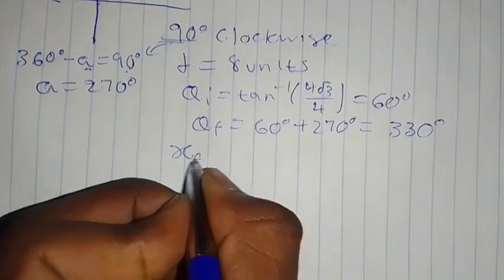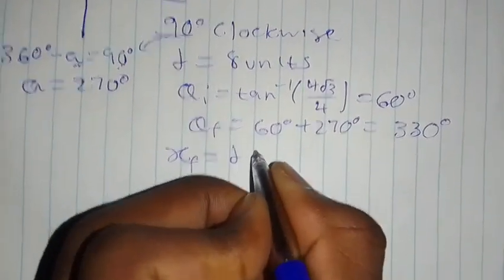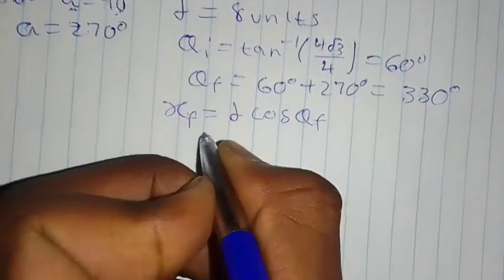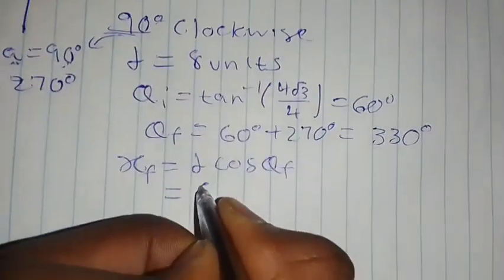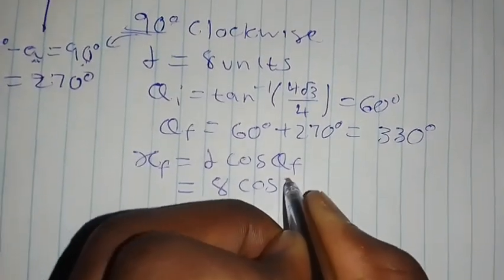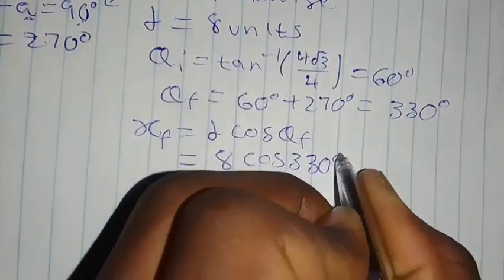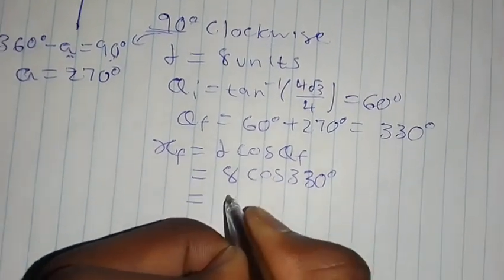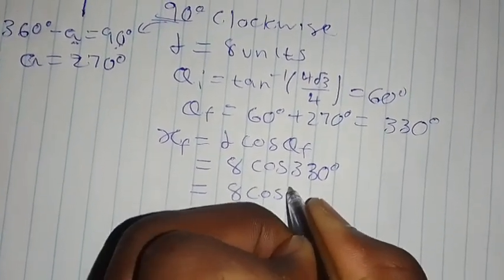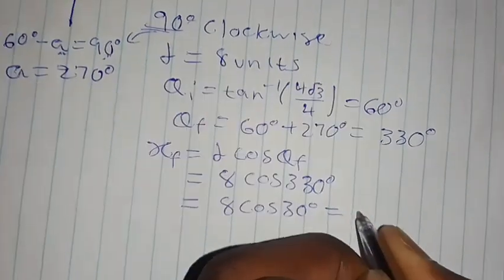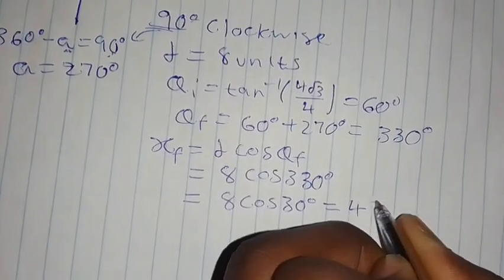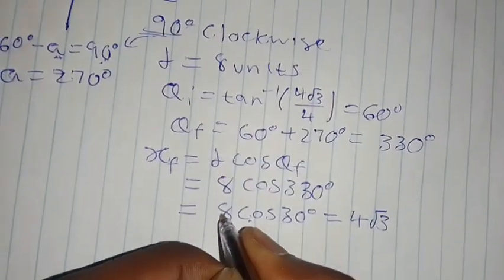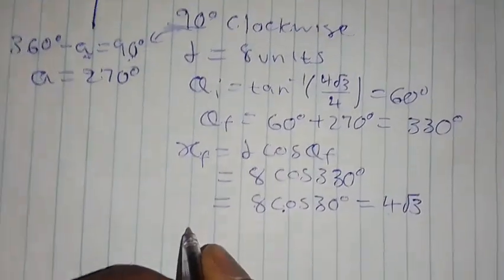Now x final, that's going to be d cos theta final. So that means that we're going to have 8 cos 330 degrees. 8 cos 330 degrees is the same as 8 cos 30 degrees, which is just going to be 4 root 3, because cosine 30 is just root 3 over 2, and you multiply by 8, you're going to get 4 root 3.